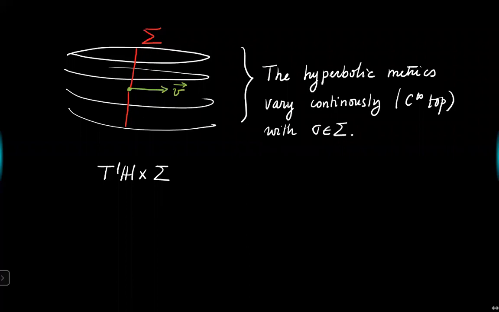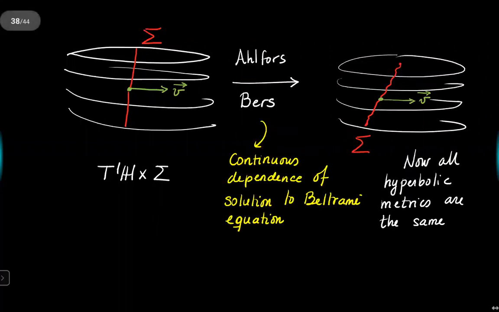The problem here is that the metrics vary continuously. So we have to straighten the metrics.